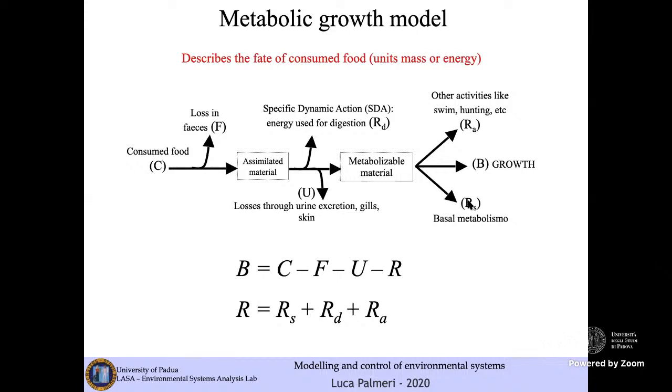You may recall that we have introduced the concept of metabolism that is subdivided into two quotas, catabolism and anabolism. We have said that catabolism is the quantity of energy that is employed by a starving animal.